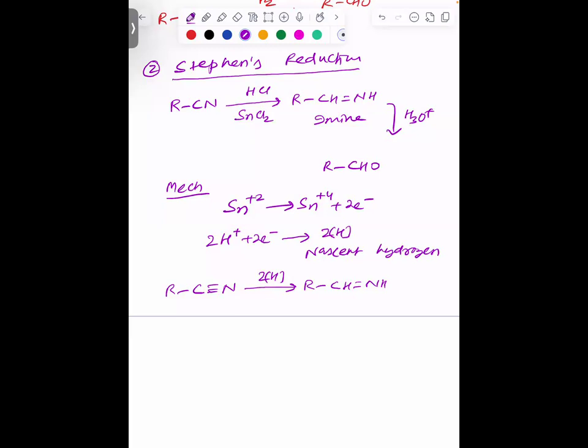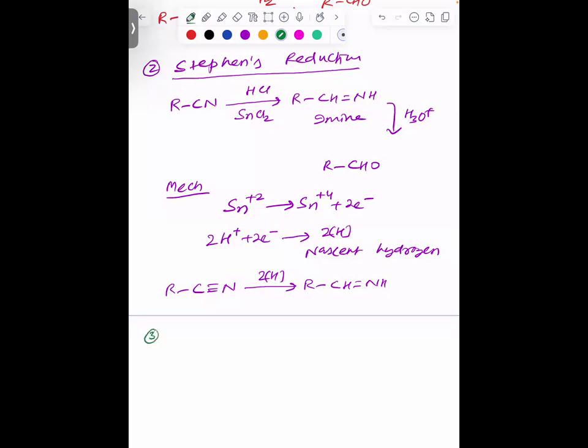Oxidation number or stability depends on a few factors like electronic configuration, inert pair effect. The major factor here is hydration and lattice enthalpy. So Sn4+ is more stable than Sn2+ due to its high hydration and lattice enthalpy. So Sn2+, stannous, is oxidized to give stannic ion. So this is the mechanism of Stephen's reduction. I hope all of you have written.